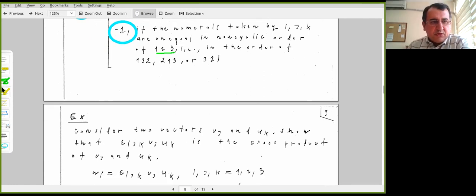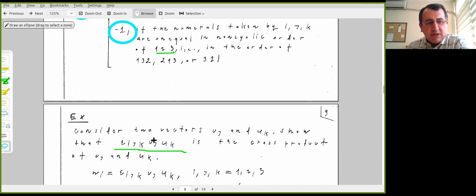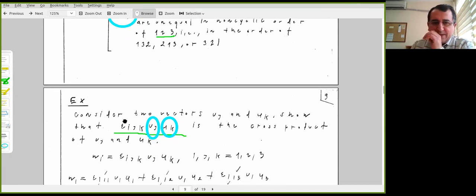The cross product of two vectors, u sub j and v sub k, is written as epsilon ijk uj vk. In this order, to write down u cross v, you pre-multiply them by epsilon ijk, the alternating symbol.